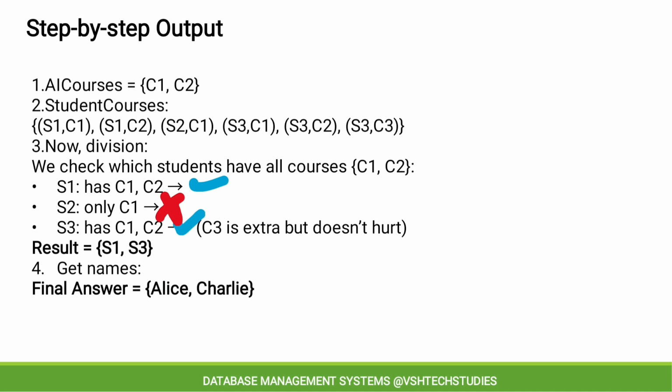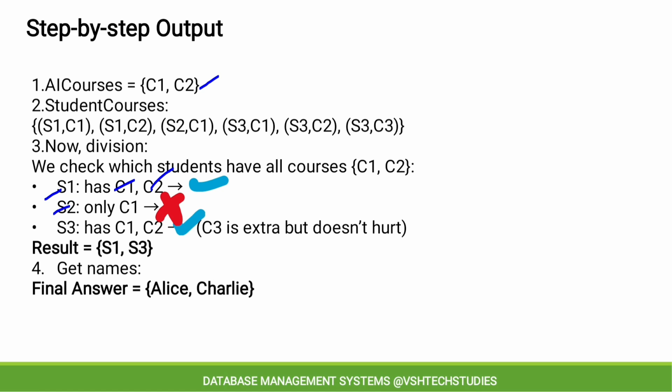So the step by step output we shall list here. In the first step, we collected course IDs offered by the AI department, and that was saved in the AI courses intermediate relation. Then the student courses intermediate relation is obtained, that is student ID and course ID pairs. Then the student courses relation is divided by the AI courses relation in the third step. One observation here is that the AI department is offering 2 courses. S1 has enrolled to both the courses.